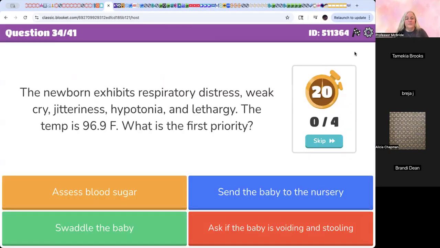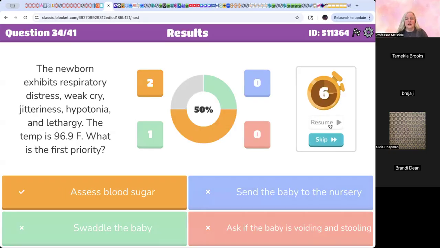The newborn exhibits respiratory distress, weak cry, jitteriness, hypotonia, and lethargy, and the temp is 96.9. What is the first priority? I got that one. All right, so remember we talked about how a cold baby can then also cause the baby to be hypoglycemic.